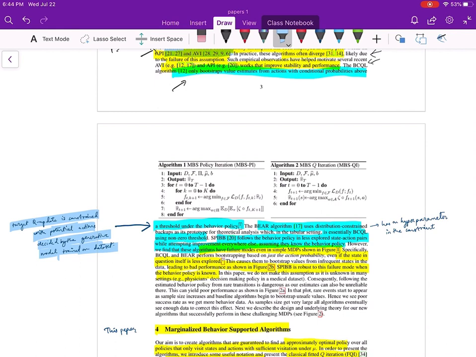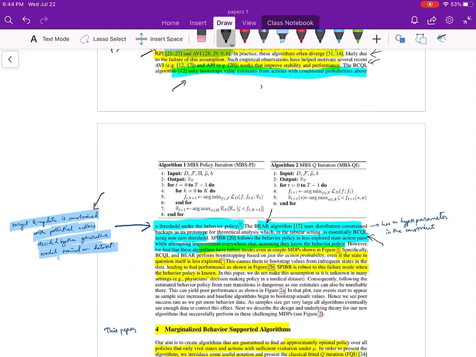Next they provide a short description of BEAR, which is like the BCQL version but using a non-zero threshold. So this constraint is not hard, it's a soft threshold.